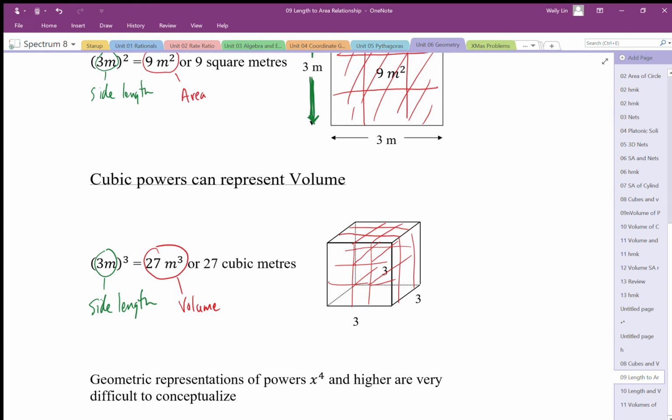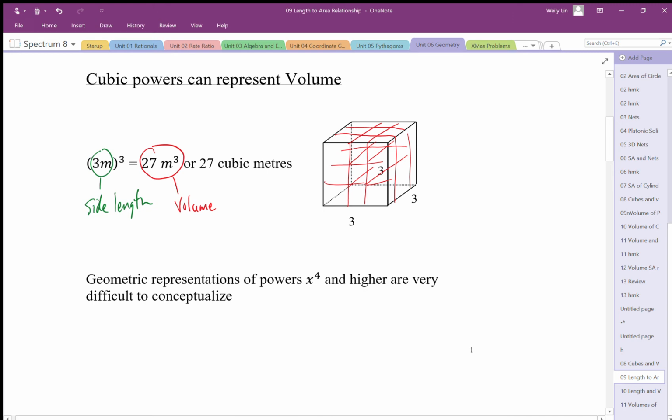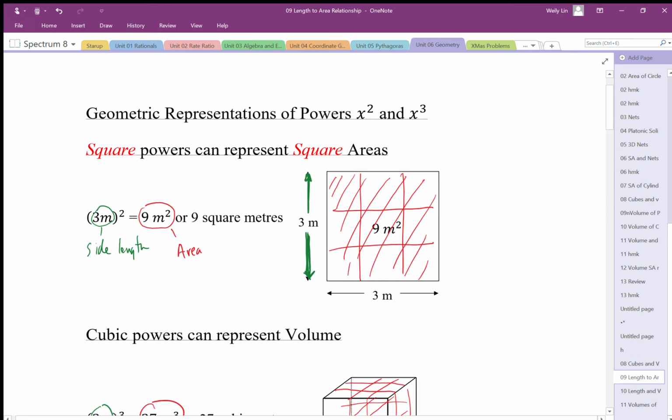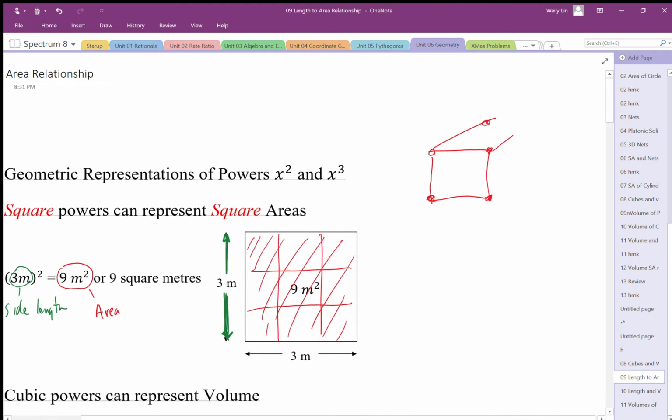Now when we get to higher powers, because we don't live in the fourth dimension, it's really hard to imagine powers of four, but they exist, and they exist kind of in the same way. So we start with 0 dimensions, a point. 1 dimension is a line. I take that line, extend those points, I get 2 dimensions. I extend those 4 points, I get 3 dimensions.